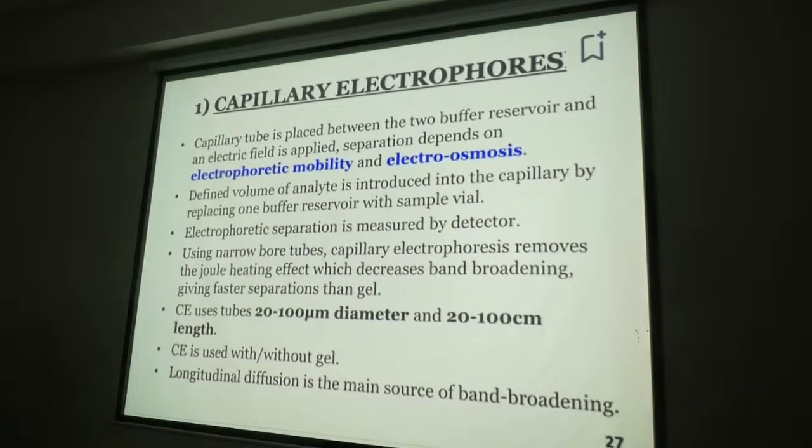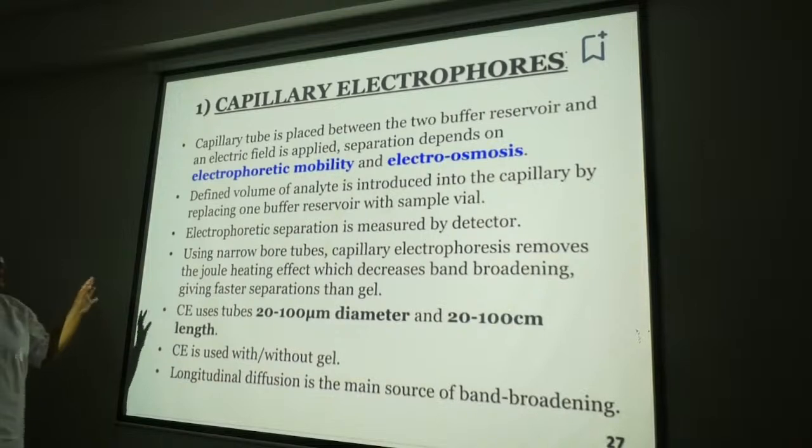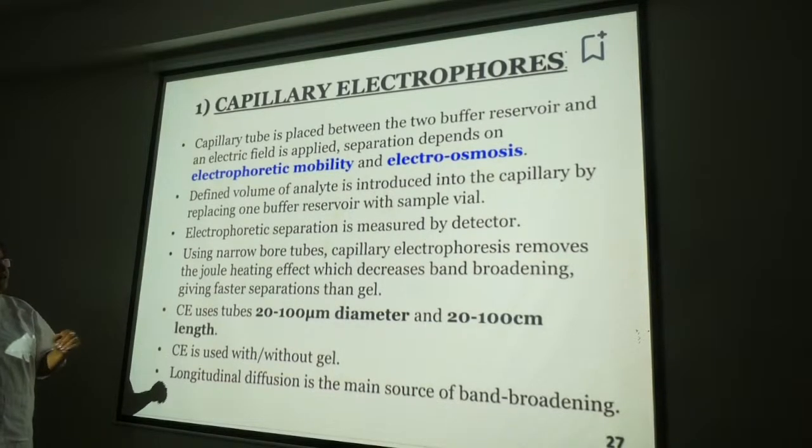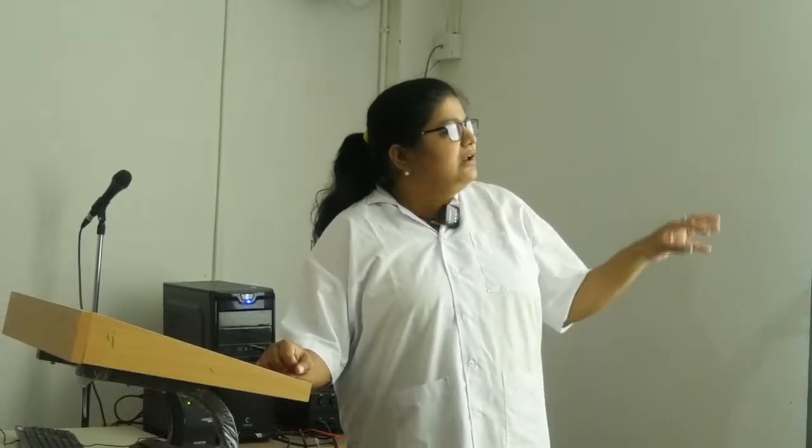A defined volume of analyte is introduced into the capillary by replacing one buffer reservoir with a sample vial. Electrophoretic separation is measured by a detector. Using a narrow bore tube, capillary electrophoresis removes the Joule heating effect, which decreases band broadening and gives faster separation than gel.